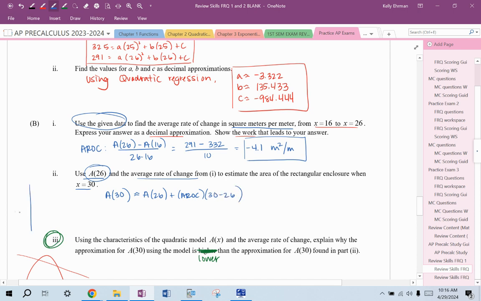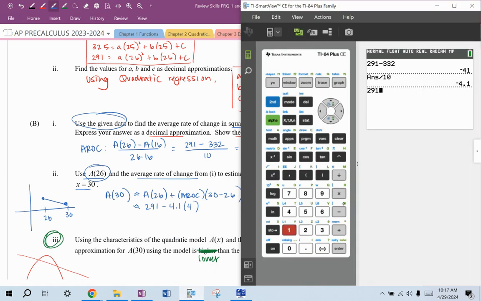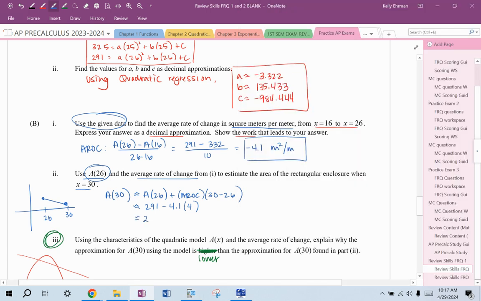Again, what you're doing is saying, I'm going to start at 26, I'm going to go the slope, which is negative, and I'm going to land here at 30. You don't have to draw that. Some of you are having a hard time remembering what this is, and maybe if you see the visual for it. So at 26, A was 291. We're subtracting 4.1 times the difference of 4 there. 291 minus 4.1 times 4 is 274.6.